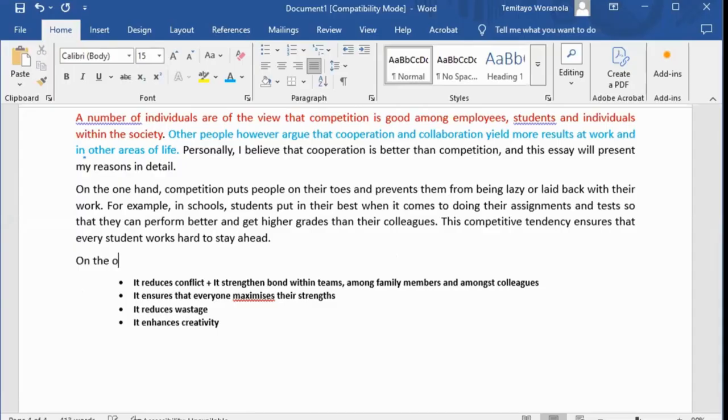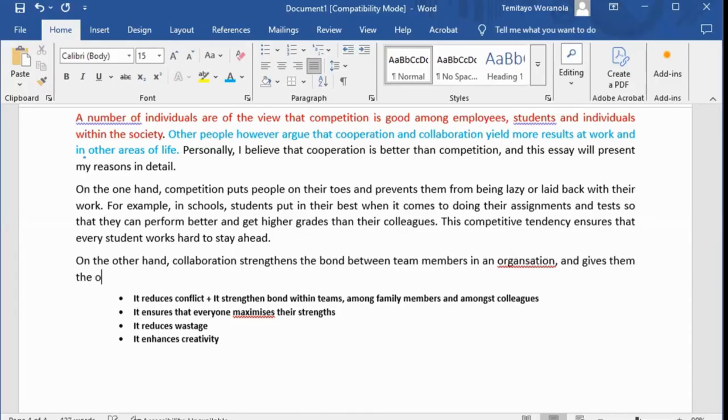On the other hand, collaboration strengthens the bond between team members in an organization and gives them the opportunity to work together to achieve the goals of their team.